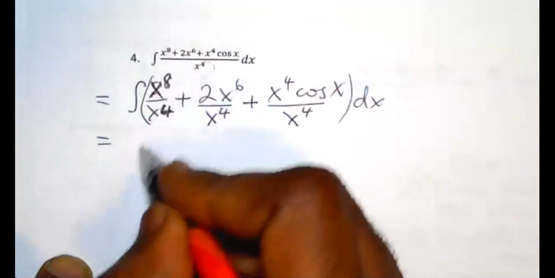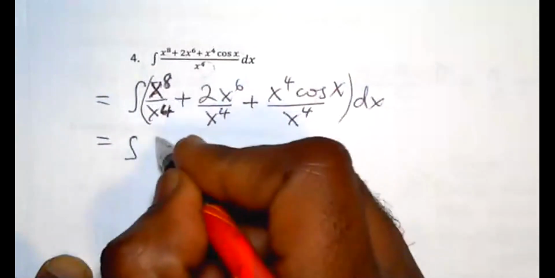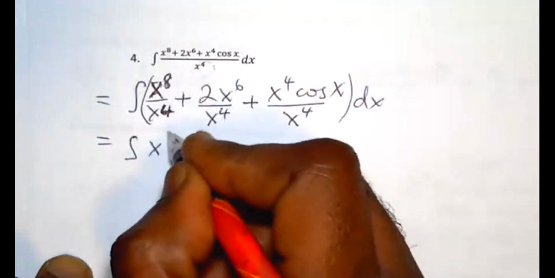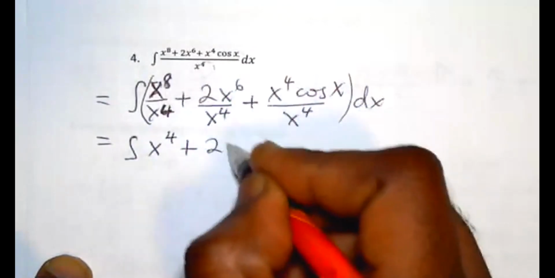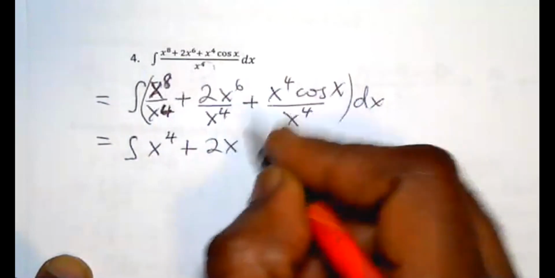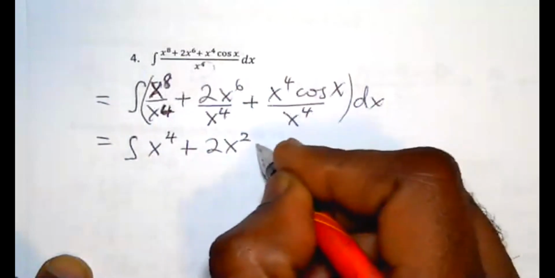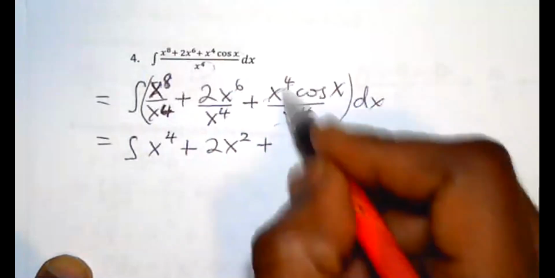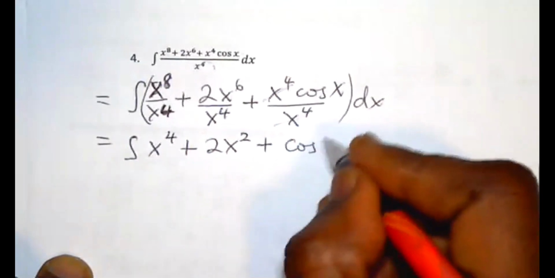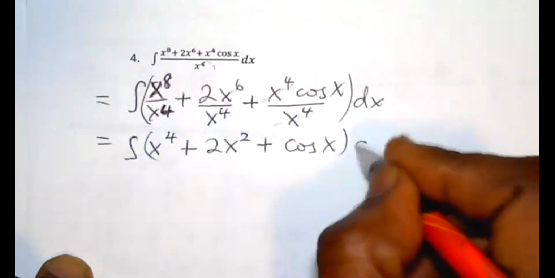Let's simplify what we have here. So we have integral of x to the power 4 plus this will be 2x to the power 6 minus 4, which is 2, plus this x to the power 4 cross out x to the power 4, the same. So we end up with cos of x dx.